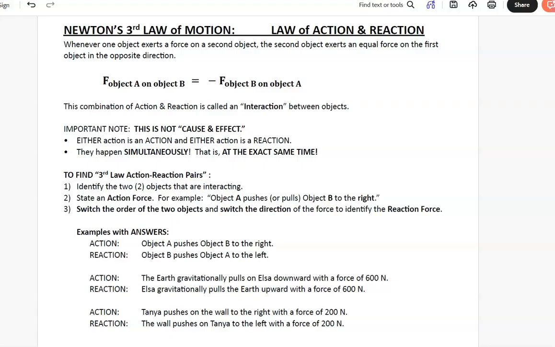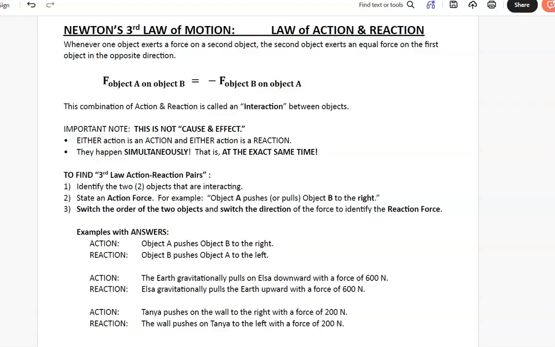Just because you hit a baseball with a bat and you say, oh, I'm hitting the baseball with a bat, the bat is hitting the ball. Well, the ball is also hitting the bat at exactly the same moment with exactly the same force and just in an opposite direction. So you could claim either one is the action and either one is the reaction force. The combination of these two paired forces is referred to as an interaction, okay?